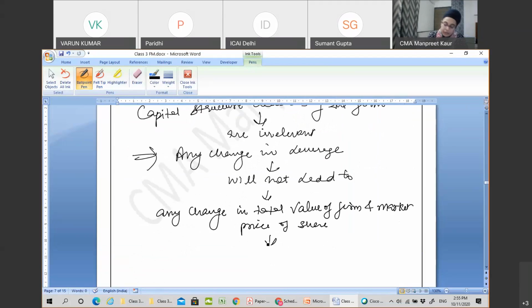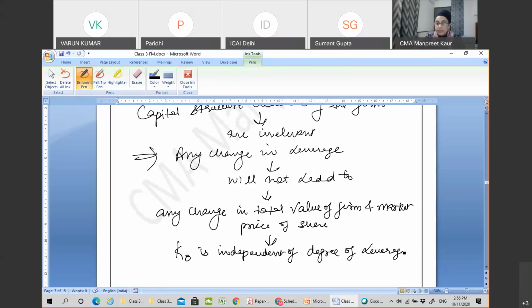Here, KO is independent of degree of leverage, because degree of leverage, according to DFL, is EBIT upon EBT.